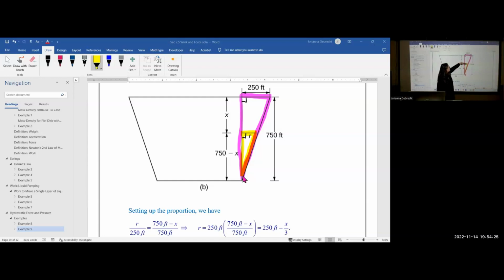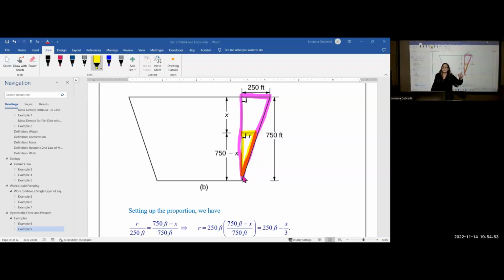Now I know that this right here is at X, but the triangle I'm looking at is down here. So this distance down here is the total depth, 750 feet, minus the X, so 750 minus X. So then I set it up with 750 feet minus X over 750 feet. I solve it for R, and I get that R is 250 feet minus X over 3.